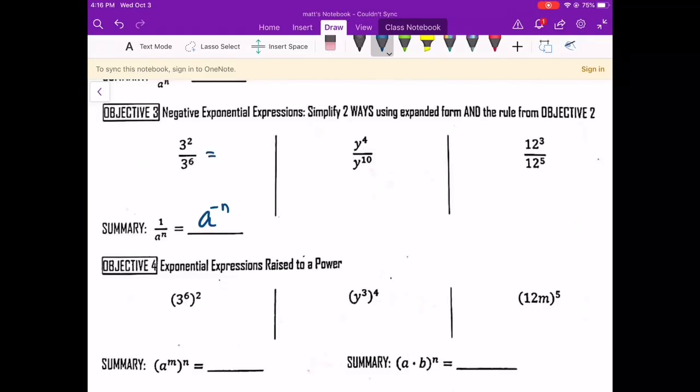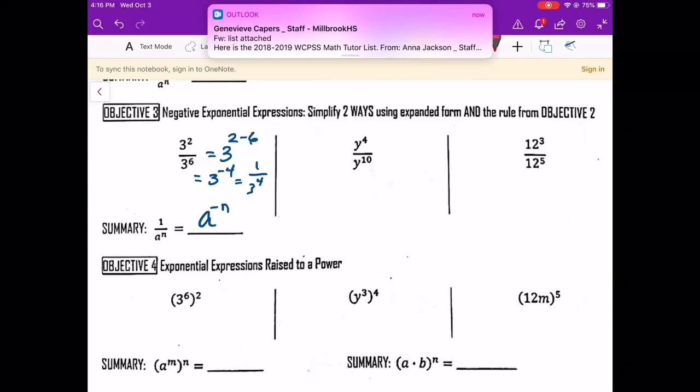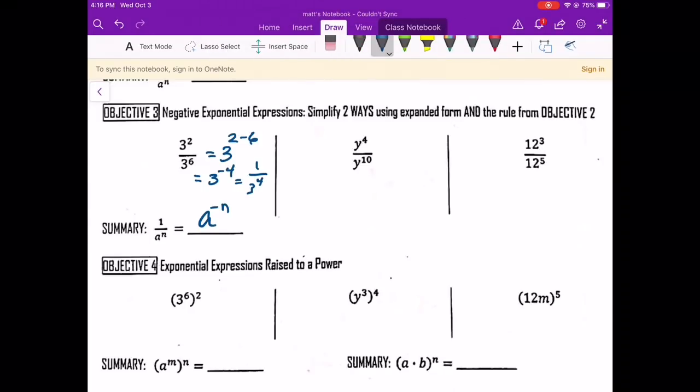Well, I'll simplify it like I had been doing. 3 to the 2 minus 6, which is 3 to the negative 4. And now I could turn that into 1 over 3 to the 4th. Now you might be asking, why would I do that? Why would I not just leave that as 3 to the negative 4? Well, negative exponents are confusing. When we say raise something to the negative 4 power, a lot of people don't understand what that means or how to equate that. Some people might even think that that's going to be a negative number.